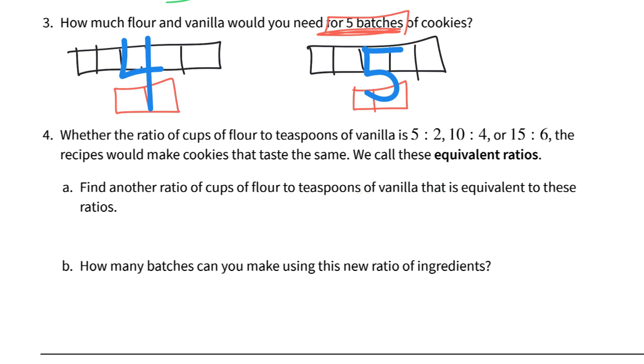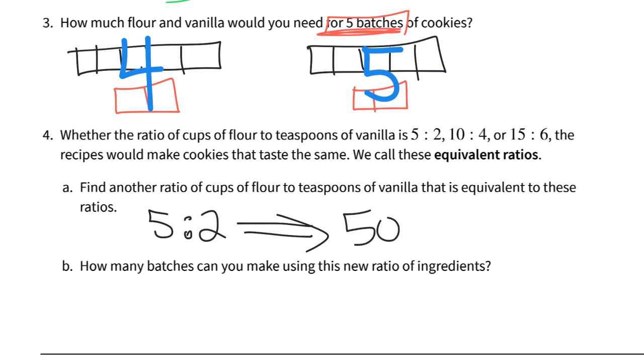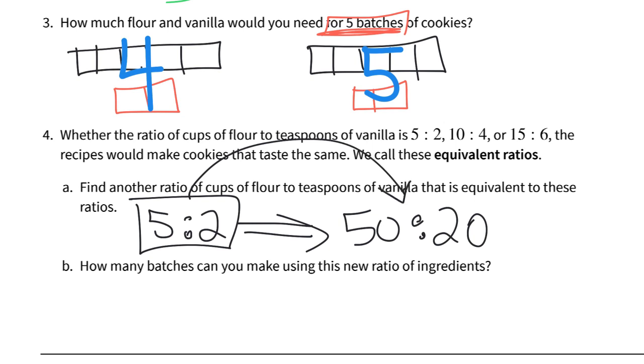So the idea is if we have a ratio of 5 to 2, then we know 50 to 20 would taste the same, right? Because those two ratios are equivalent. All we did was take this and make 10 batches right here, because this is one batch, so this will be 10 batches. Very good.